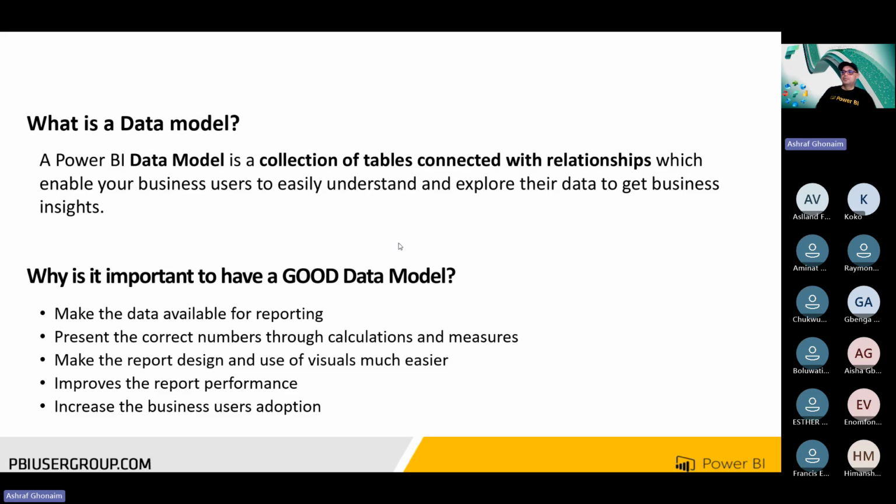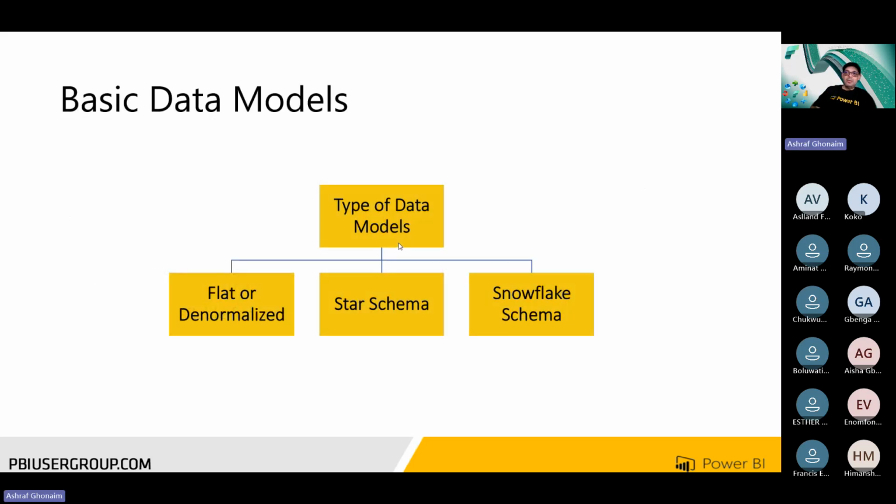Okay, cool. So let us now talk about what the different types of data model are, because, as I told you, there are multiple types of data model. We'll start with the very basic one, which the majority of you can relate to or understand, which is the flat or denormalized table.